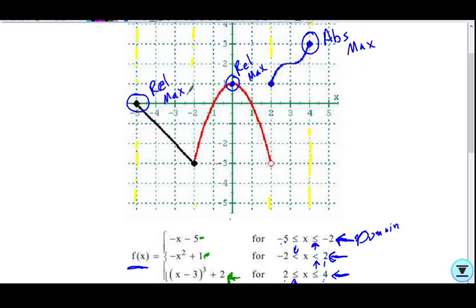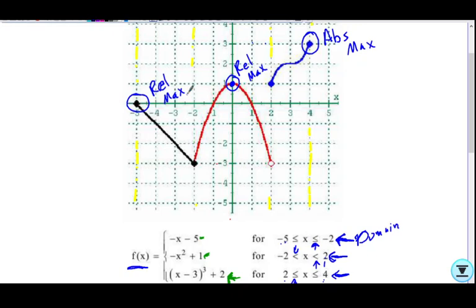Because if you can't even win the district, there's no way you're going to win state. And obviously, if you're state champions, then you had to have won your district. So in this little area you are champions, but also champions of everything. Does that make sense? So before you can be an absolute maximum, it has to be first a relative. So we often find all of our relatives first, and then we decide which one is the absolute of those.